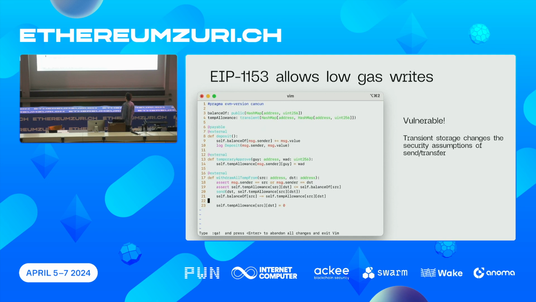And then we've got withdraw all temporary approval from, and this uses the send function, and again, it decreases the balance by the temporary allowance. So what can happen here is that I call withdraw all temp from, which sends me my balance, from whatever approval I have.